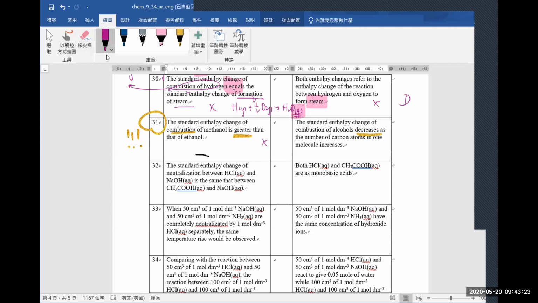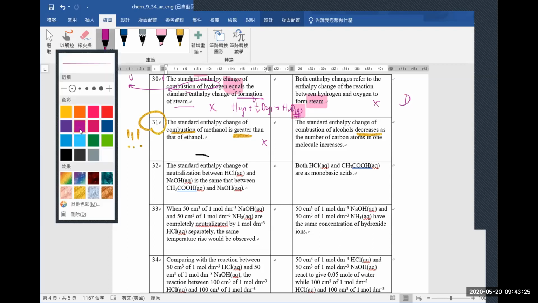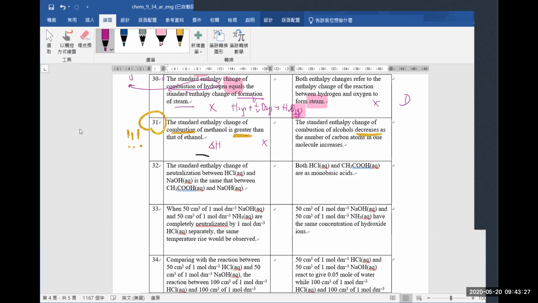The delta H of combustion is an exothermic reaction, which means the delta H value is a negative value. So if you want to compare those two different data, it is quite confusing to use greater than and decreases, right? Instead, what terms do we use?